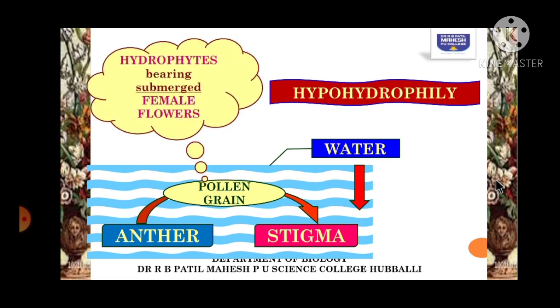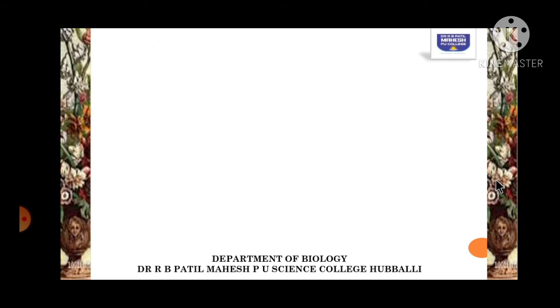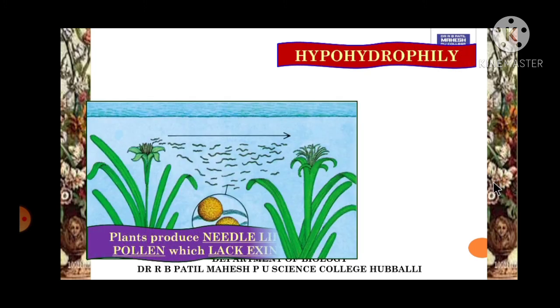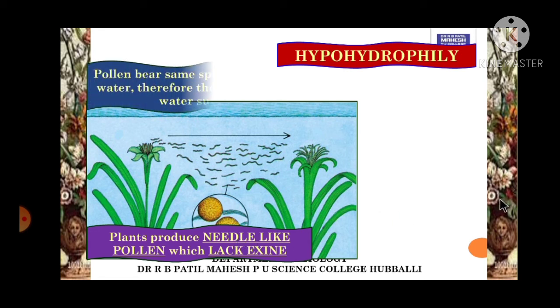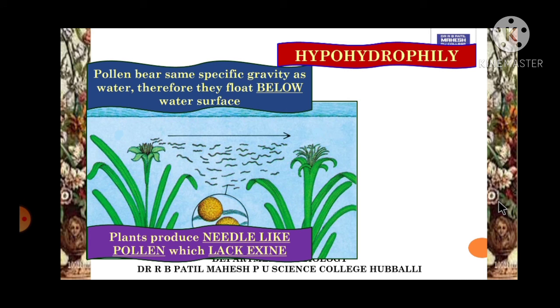Now coming to hypohydrophily, where pollen grains get transferred onto the stigma within the water. What happens here can be understood with the help of the plant Zostera marina. Plants produce both male and female flowers inside the water. The male flower produces needle-like pollen grains which lack exine, and these pollen have a specific gravity so that they can float below the water surface.